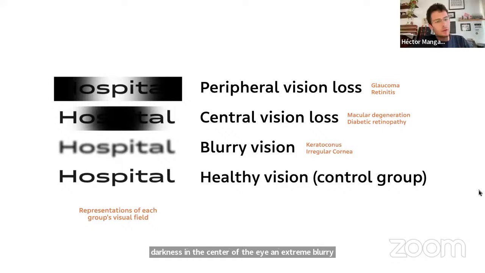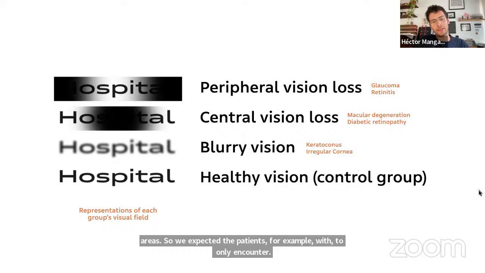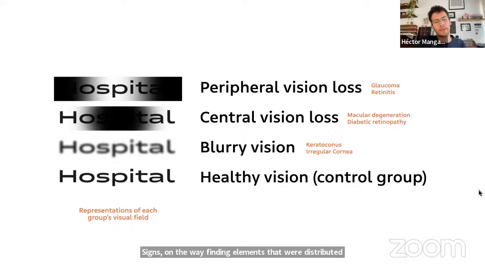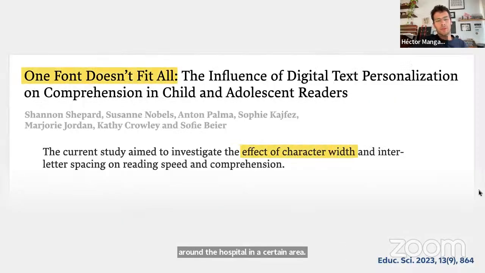So just a very, very strong blurry vision. As I was saying, these were treated in different areas. So we expected patients with glaucoma, for example, to only encounter signs on the wayfinding elements distributed around the hospital in a certain area, because they would only move around there.